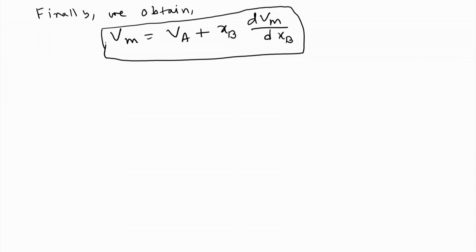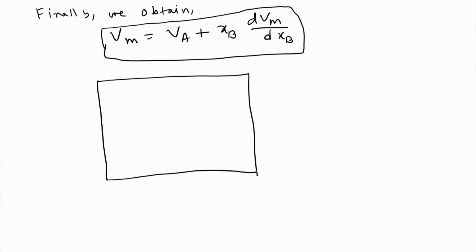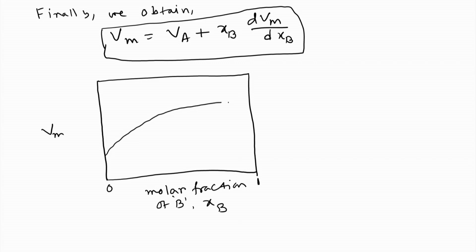Okay. So, now if we plot molar volume Vm versus mole fraction of component B, mole fraction of B or Xb, x goes from 0 to 1. Okay. So, you get some kind of this type of plot you can expect.